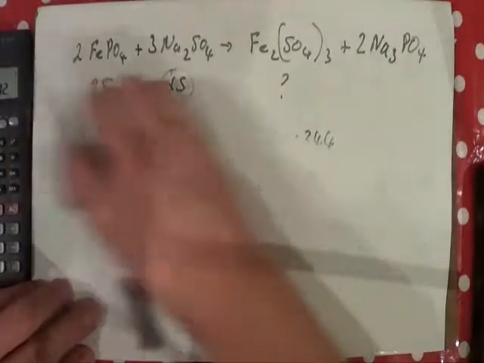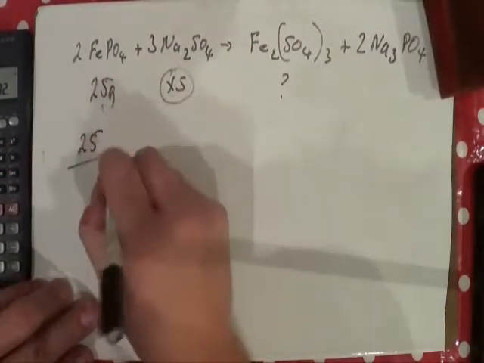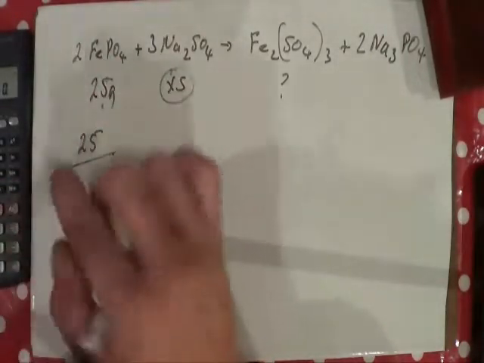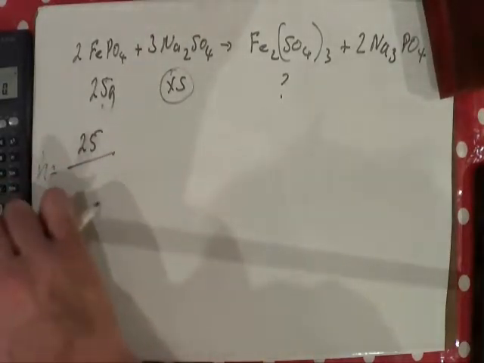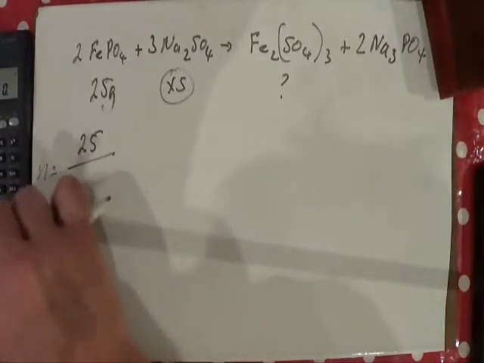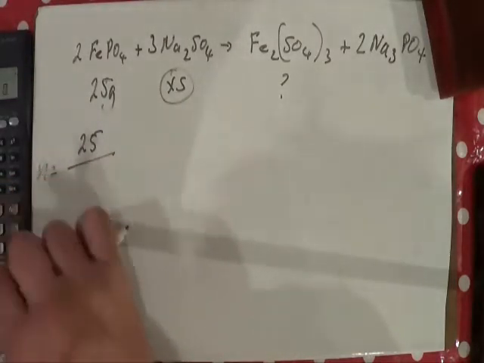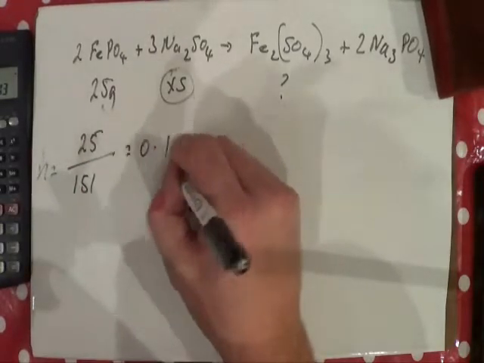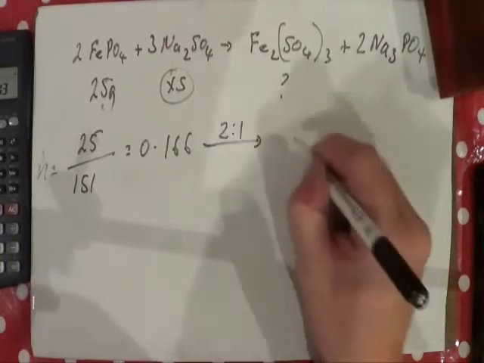Oh, sorry, I've done that wrong, haven't I? Apologies. I'll go back. That should have been 25 over the RFM. I did that upside down. My mistake. So we have 25, 56 plus 31 plus 64, equals 25 over 151, which equals 0.166 moles of that. Again, it's a 2 to 1 ratio.